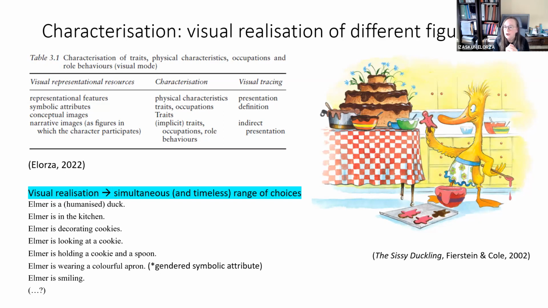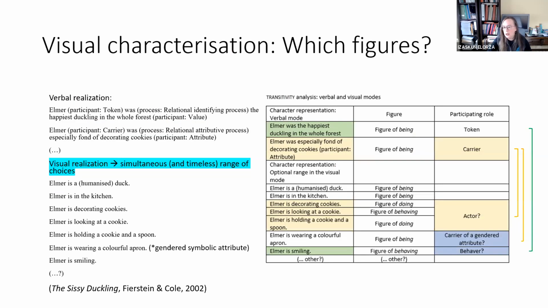Everything is presented there at the same time: the comparison, the contrast, what the character is doing. So we can verbalize the doings of the character in many different ways. Depending on how we verbalize those doings that we are seeing, we will go for some figures or others.